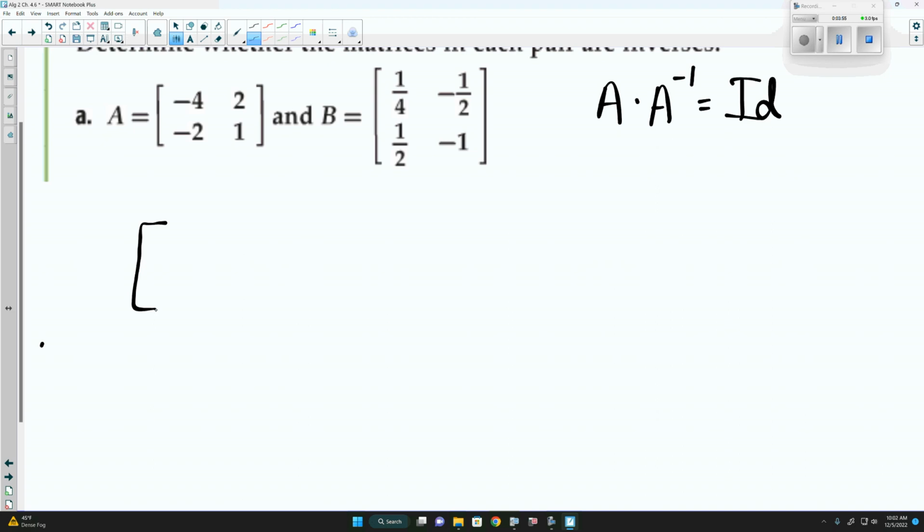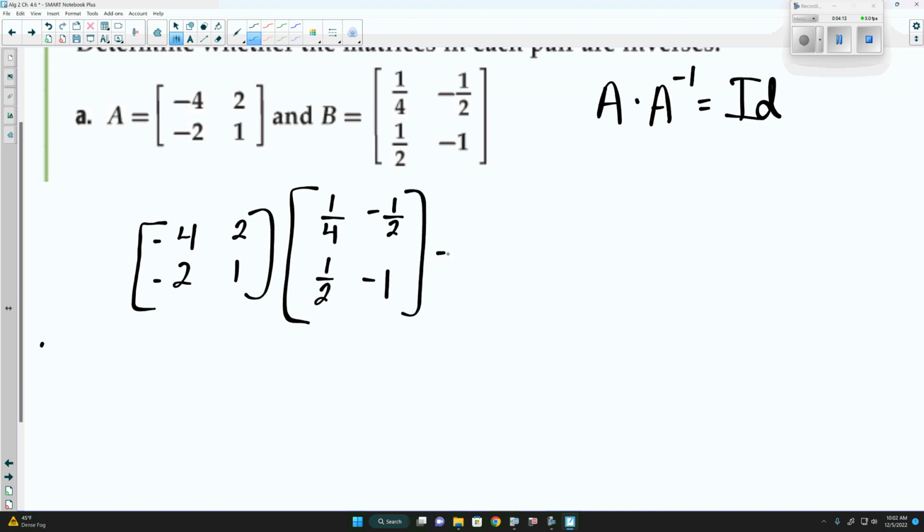So we're wanting to see, are A and B inverses of each other? To figure that out, all we need to do is take A and multiply it by B. If we multiply these together and we get the identity matrix, which for a 2 by 2 is this here, then they are inverses.